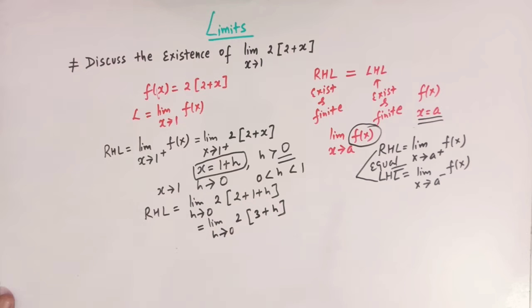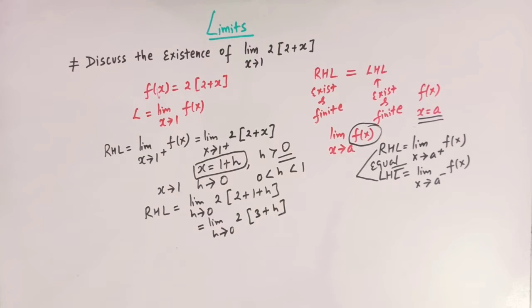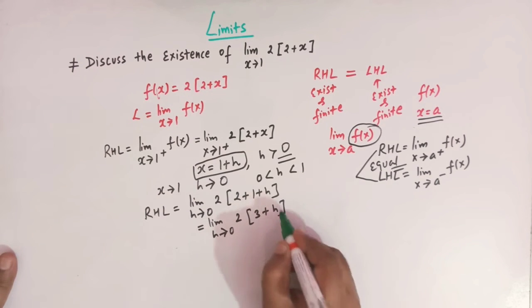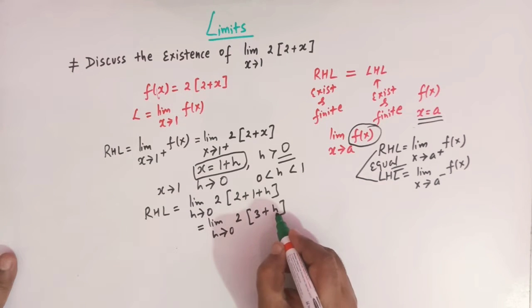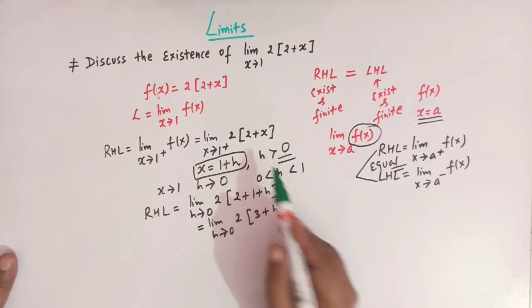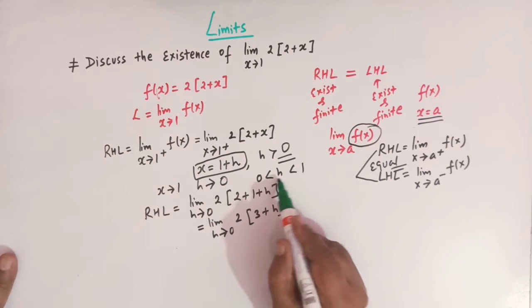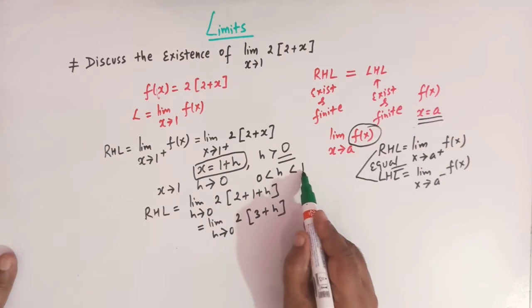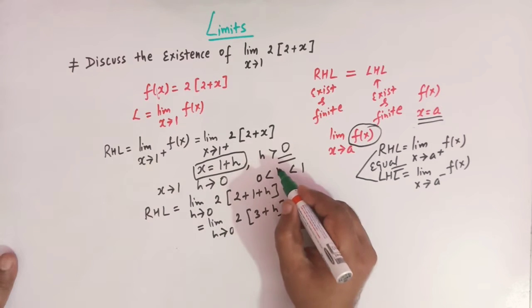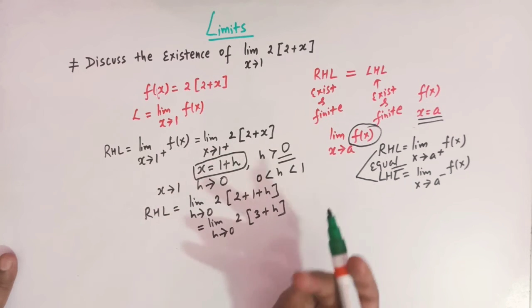Now we see that we have the greatest integer of 3 plus h. As we have just said, h is a positive quantity greater than 0, and h lies between 0 and 1, so h has some positive value.